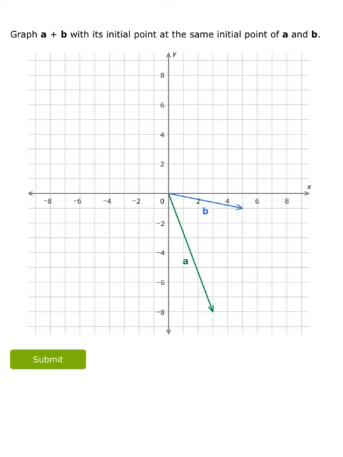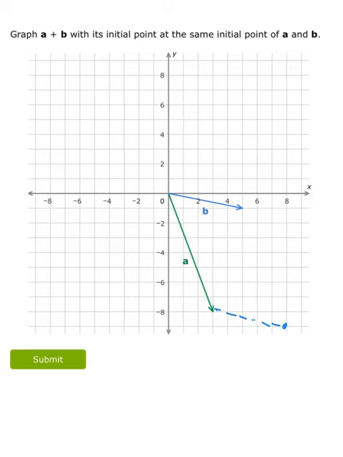So over here, starting at the terminal point of vector A, I'm going to go down 1 over 5, which is what I'm doing in this dashed blue line.